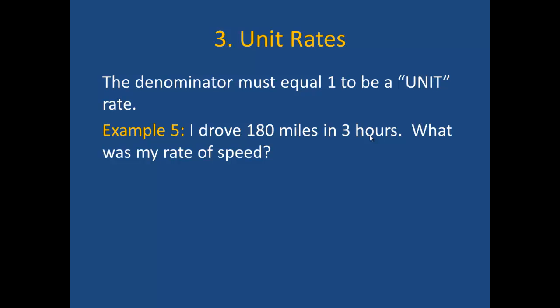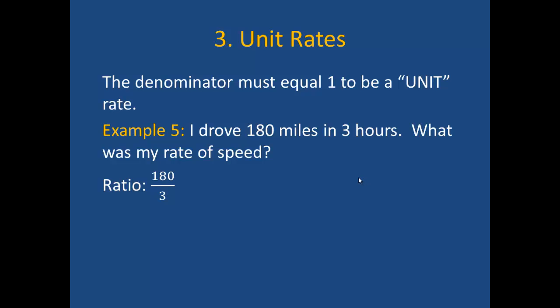Our next skill is about being able to use unit rates. In a unit rate, the denominator must equal 1 in order for it to be considered a unit rate. So for example, in number 5, if I drove 180 miles in 3 hours and asked what was my rate of speed, I could write a ratio of 180 to 3.